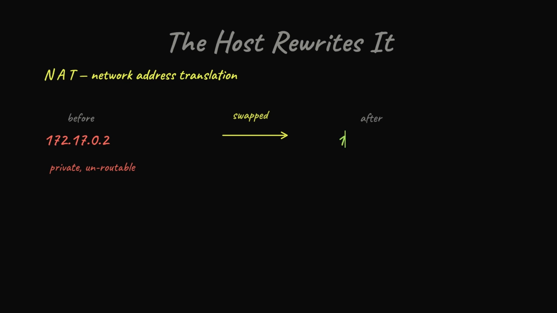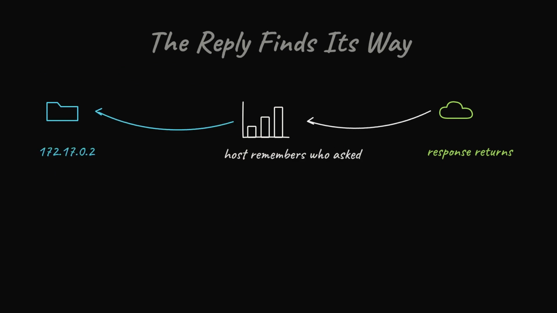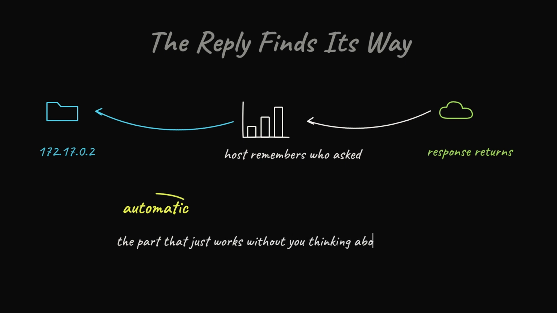This is called NAT, Network Address Translation. To the outside world, it looks like the request came straight from your laptop, not from some hidden container. When the response comes back, the host remembers which container asked for it and routes it back correctly. This whole process is automatic, and honestly, it's the part that just works without you thinking about it.